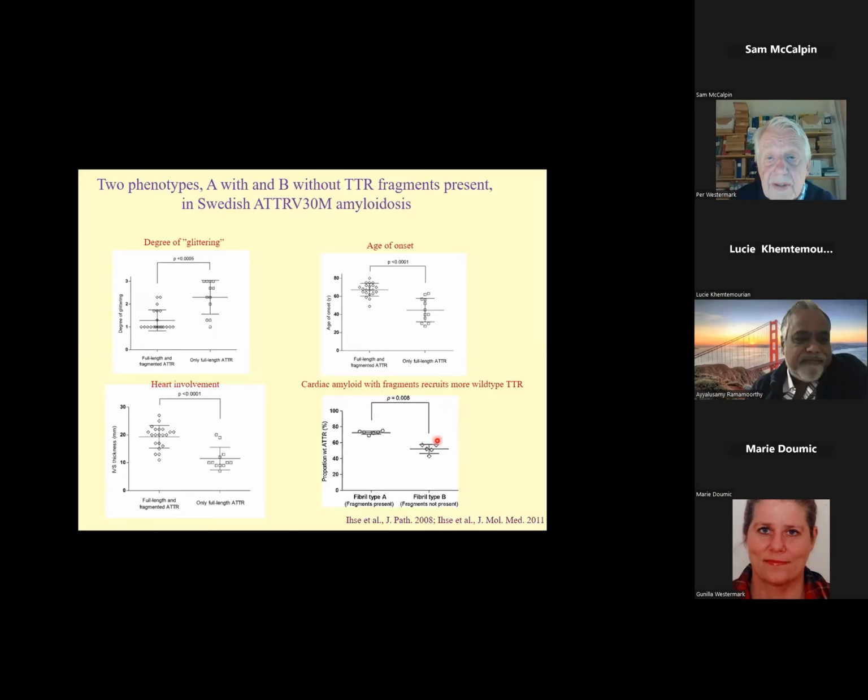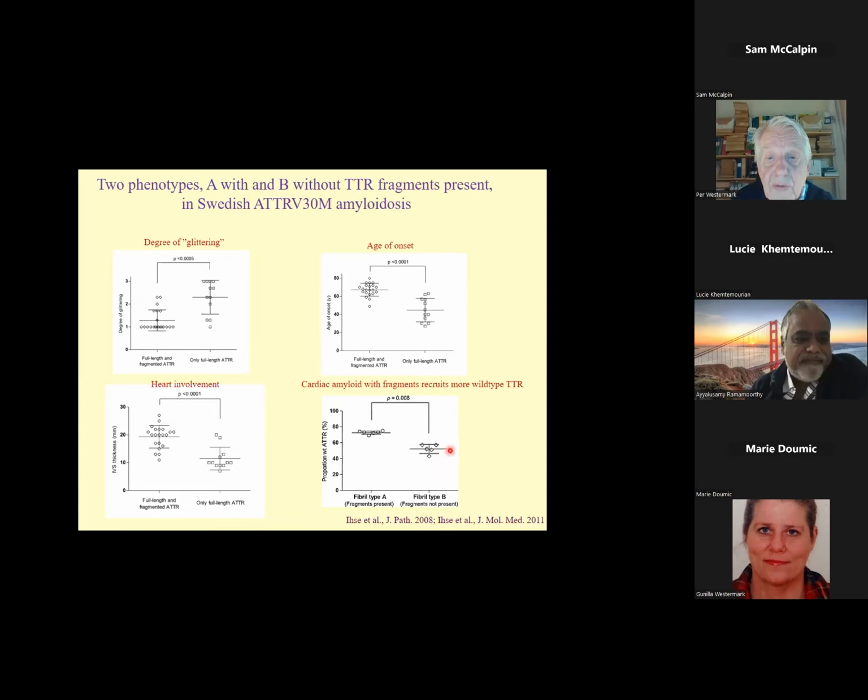The two alleles of TTR are both expressed to about the same degree in all patients with ATTR amyloidosis of the V30M kind. So one should expect about 50% wild type and 50% mutated protein in the deposits.